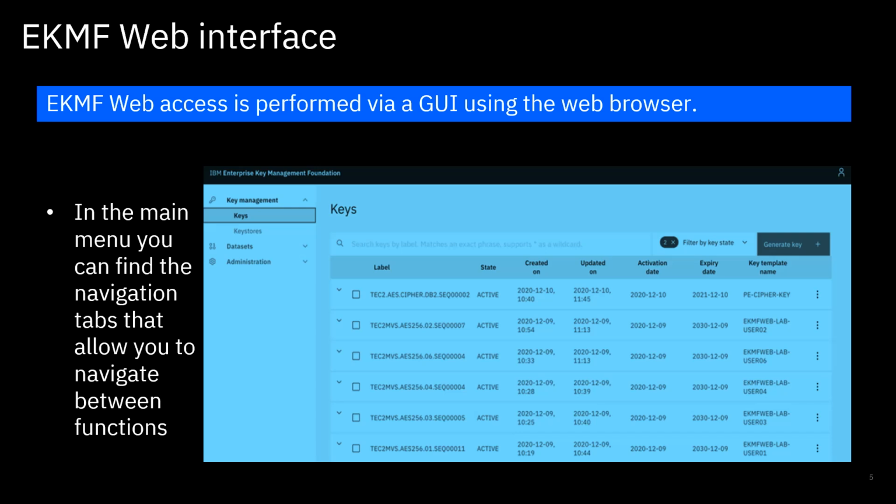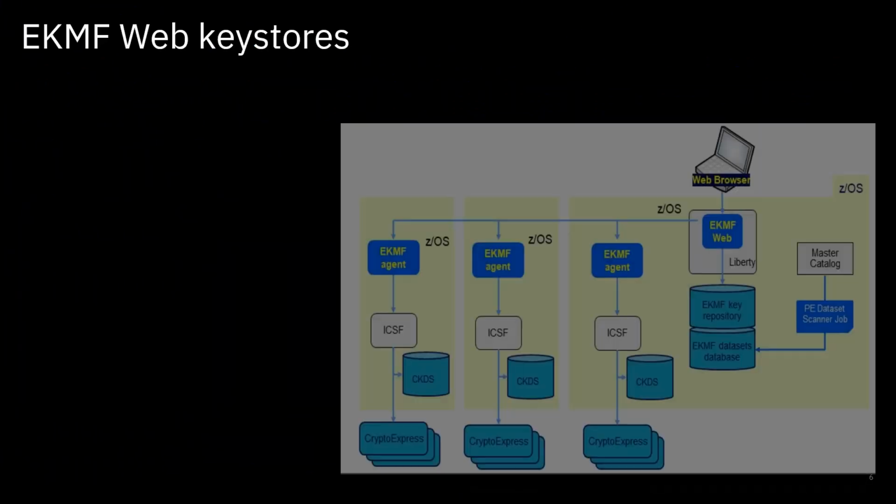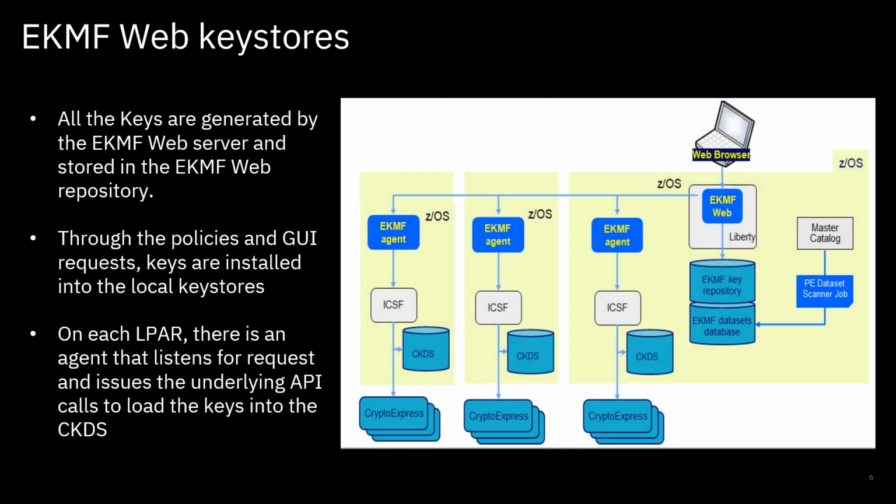Once logged in, on the main menu, you can find the navigation tabs on the left side that allow you to navigate between the functions. With EKMF Web, all the keys are generated by the EKMF Web Server and stored in the EKMF Web Repository, DB2. Based on the policy and on GUI request, keys are then installed into the local key stores. For this to work, EKMF Web must connect to z/OS CKDS key stores.